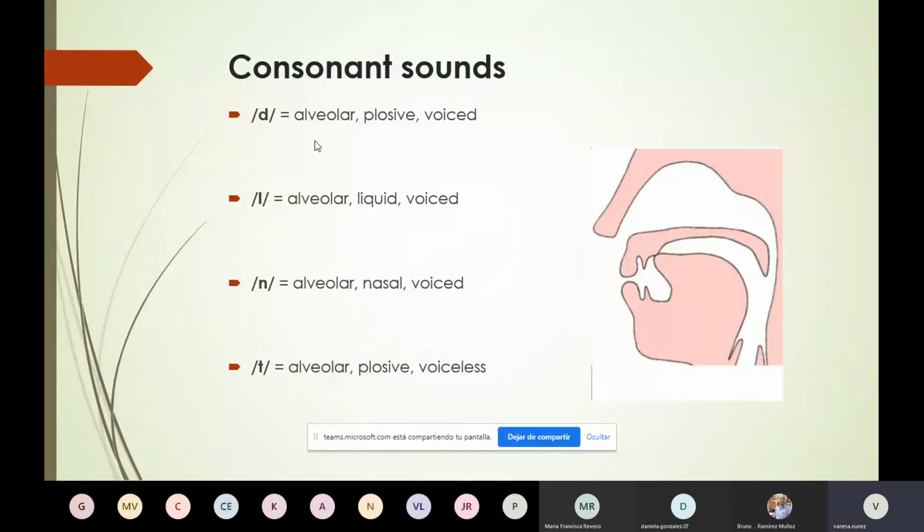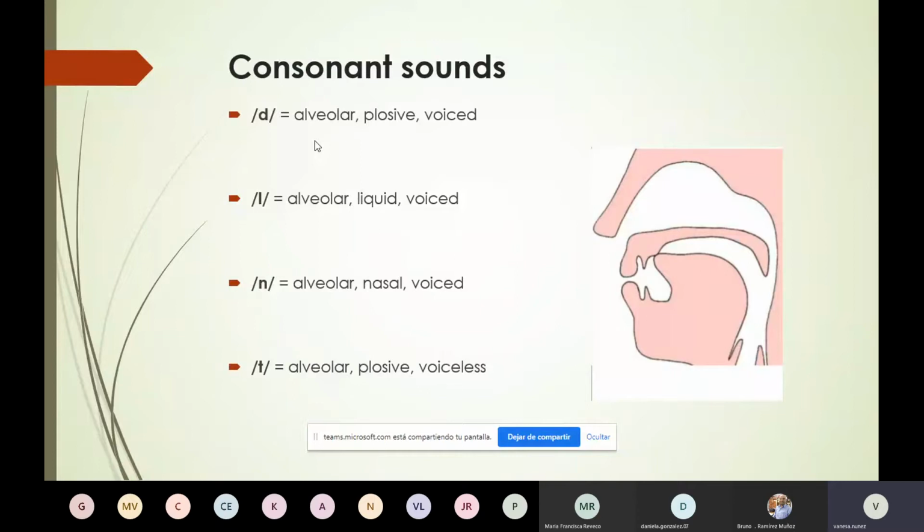L is liquid, and it is voiced too because we can feel a vibration in our throat when we say the consonant. N is nasal and voiced.